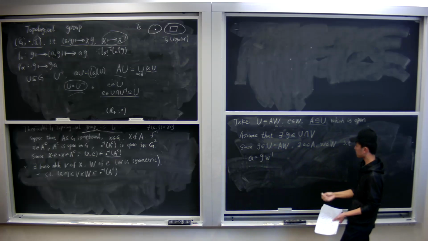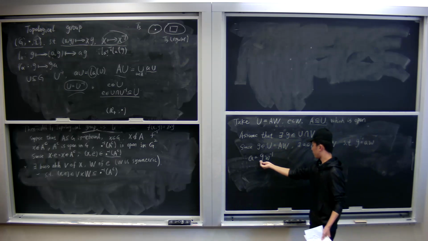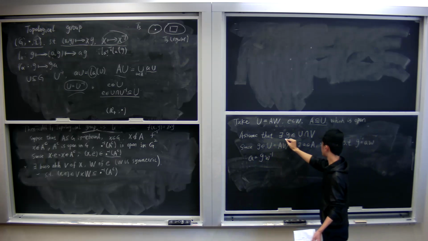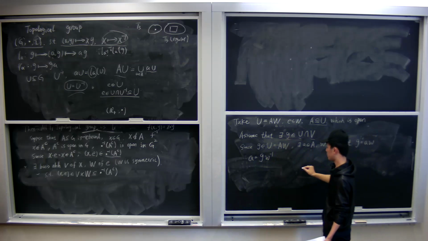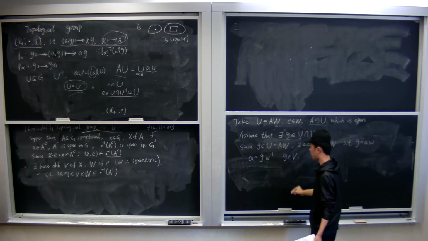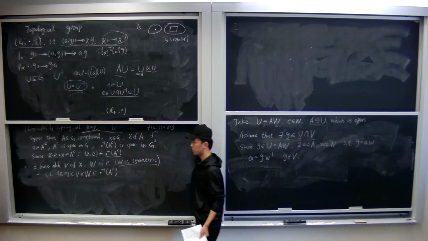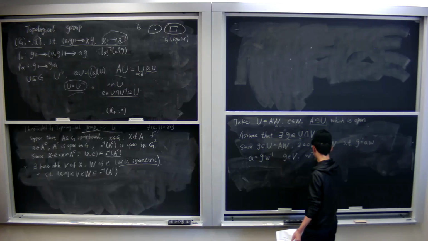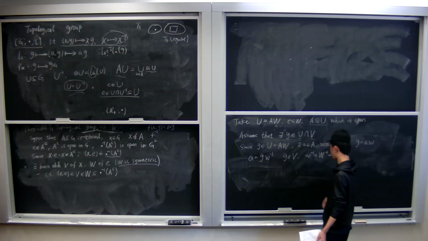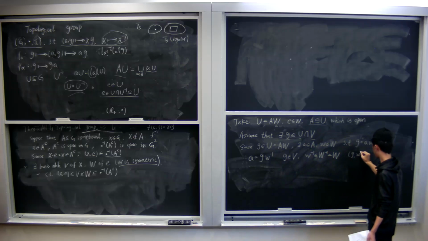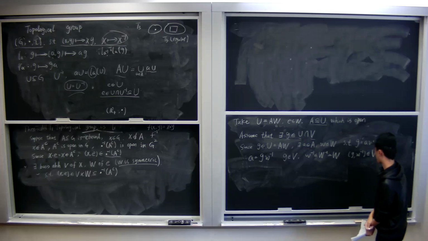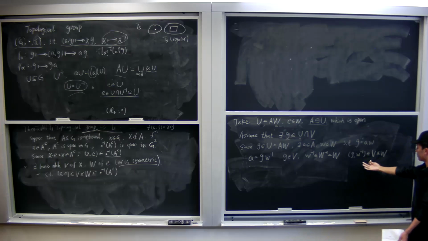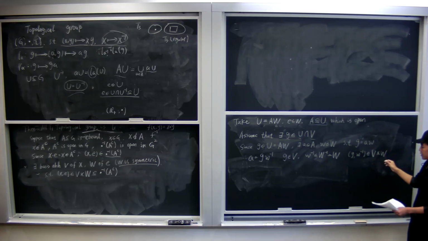We observe g is not only in U but also in V. And since we require that W is symmetric, w inverse is in W inverse, which equals W. So g w inverse belongs to V times W.